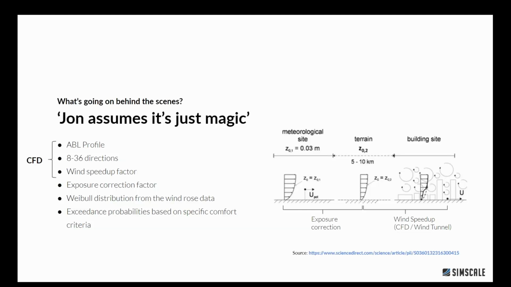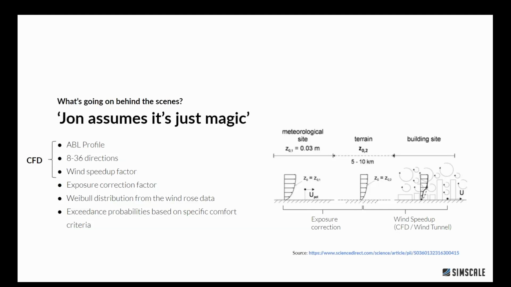The only thing that we have is some meteorological weather station where we know the wind statistics over the whole year. And now we need to transpose this to the local site and to the local pedestrian level and get the statistics at this place, and then we can in the end compute from that the wind comfort criteria, right?